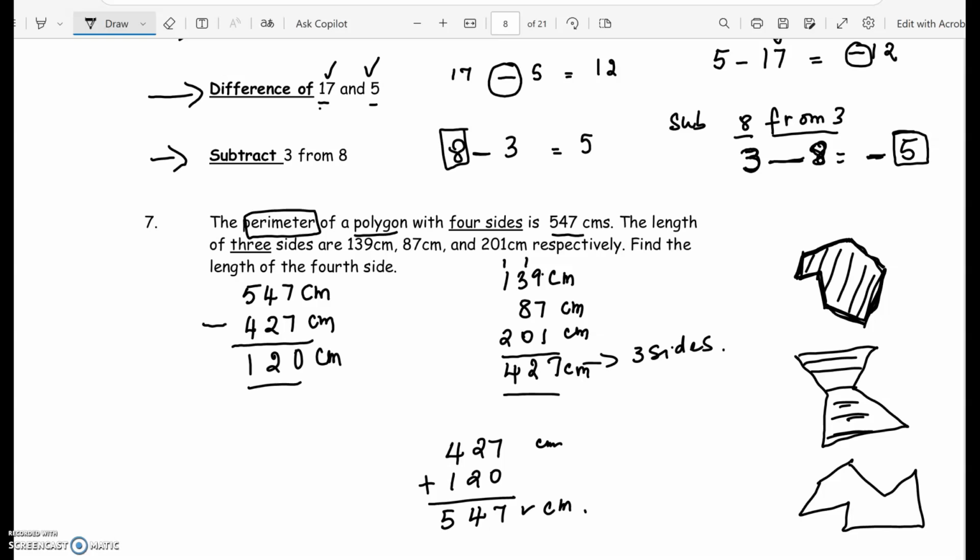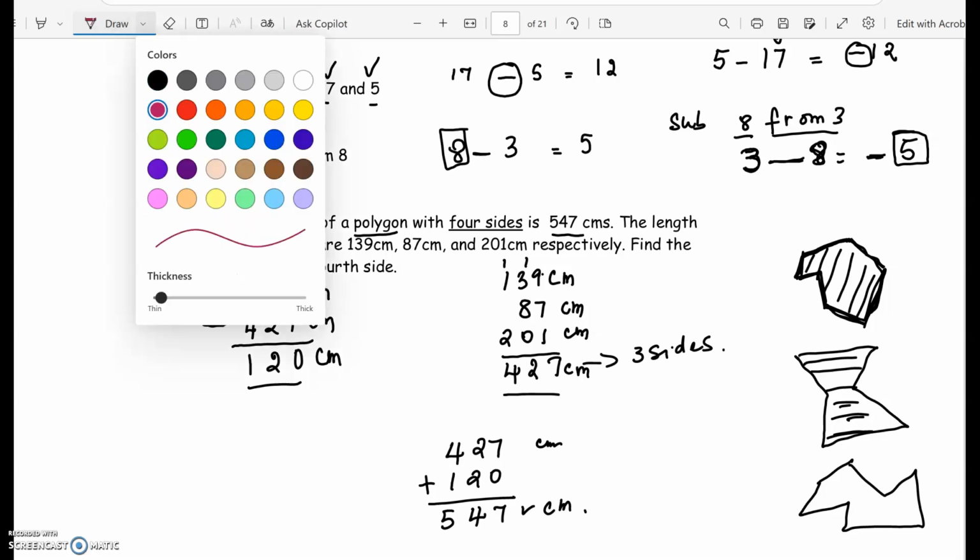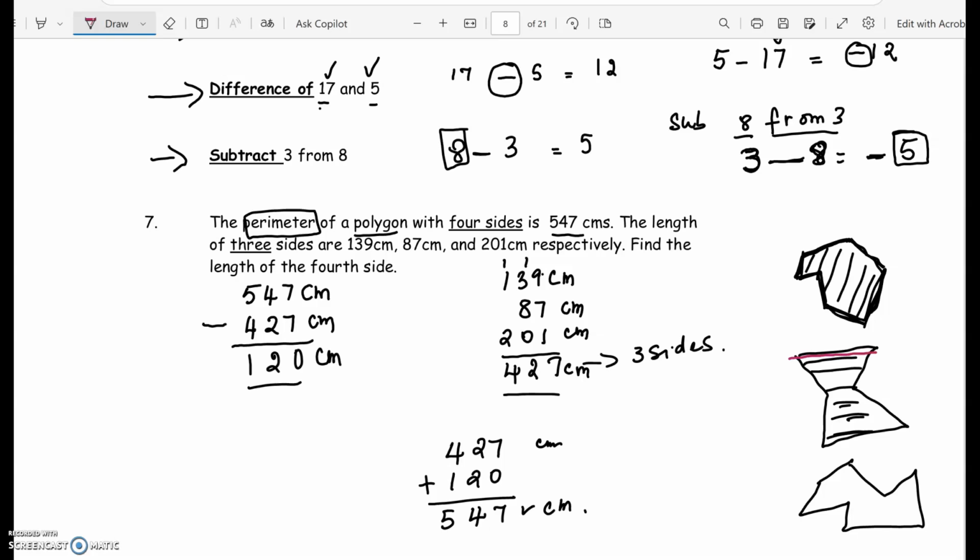What's the perimeter of a polygon? Perimeter is adding all sides. The outside edges have to be added, and the perimeter is the length of going around the entire polygon, so that the red would be the perimeter if we added all those lengths.